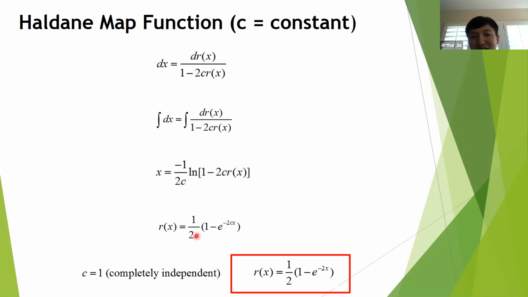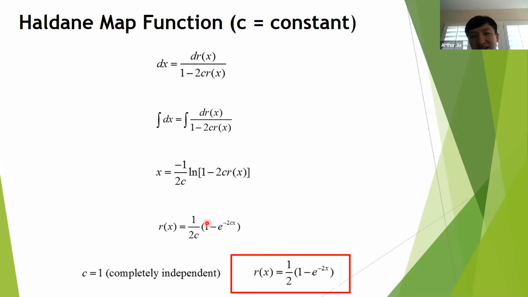Okay, now look at here. This is the general map function, but the Haldane map function is this. What's the difference between the Haldane map function and this general map function? We're missing a C here. That means in the Haldane map function, Haldane had a very strong assumption.